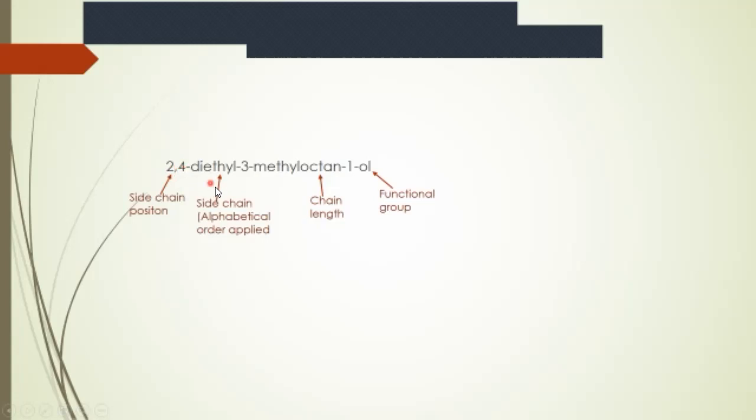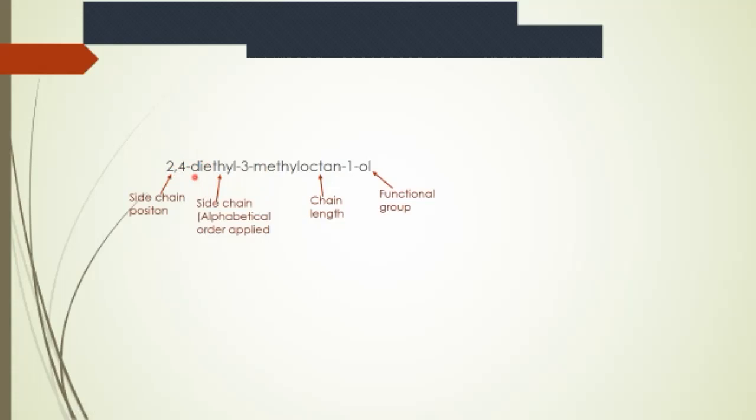Second thing, the side chain that comes here, the first letter of it must be the first alphabetically of all side chains. For example, E comes before M, right? Be careful of this now. This is 2,4 diethyl. Don't look at di and say D comes before M. Please. The di, tri and all that simply indicates how many of those side chains you are having.